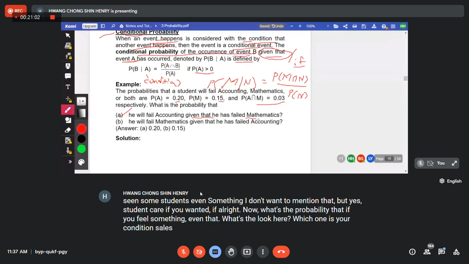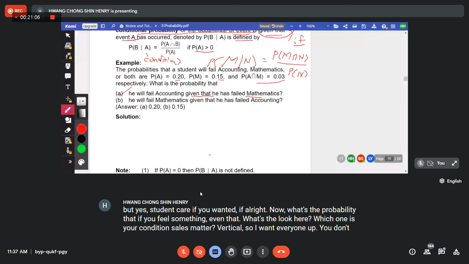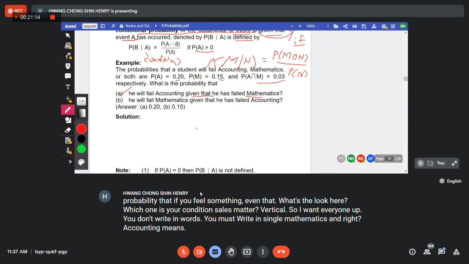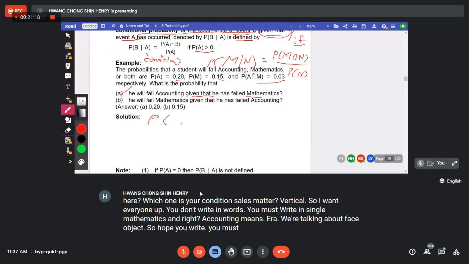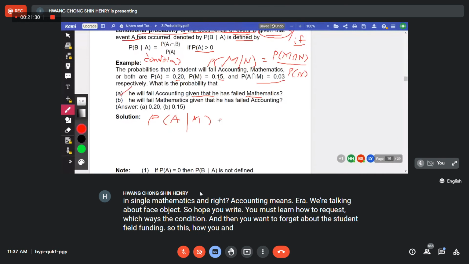Fail mathematics. So I want everyone, you don't write in words, you must write in symbols. Mathematics means M, accounting means A. We're talking about failing subjects. So how do you write? You must learn how to write first. Which one is the condition? M. And then you want to calculate the probability the student fails accounting. So this is how you write it: A stroke M. And then what's the formula?